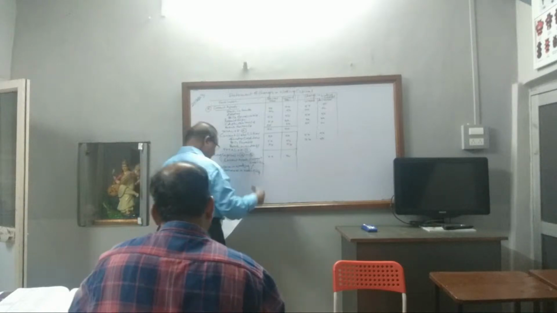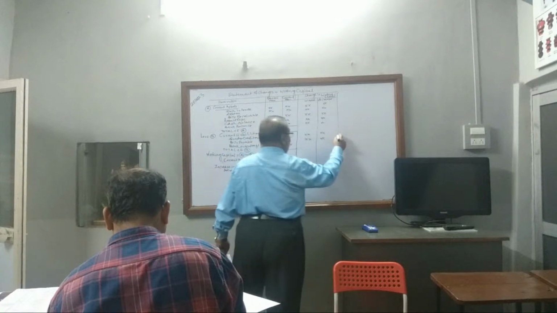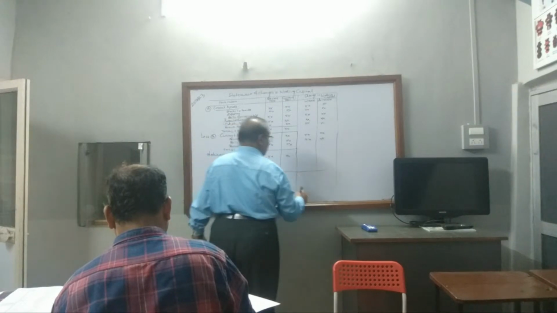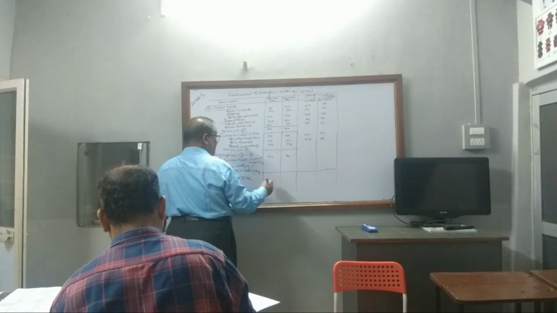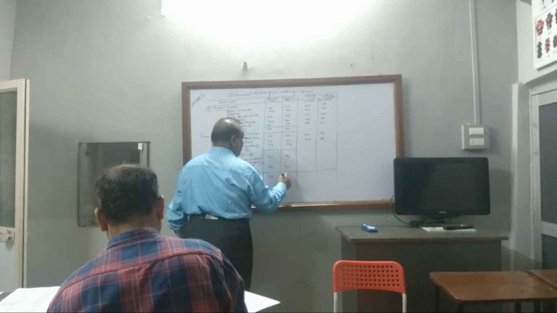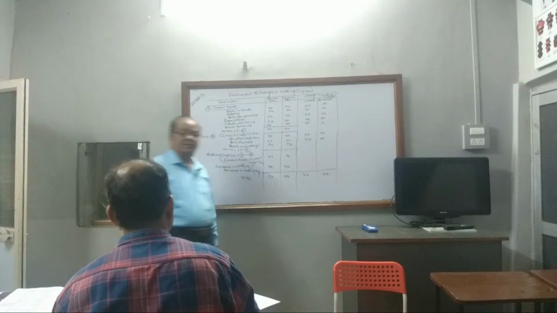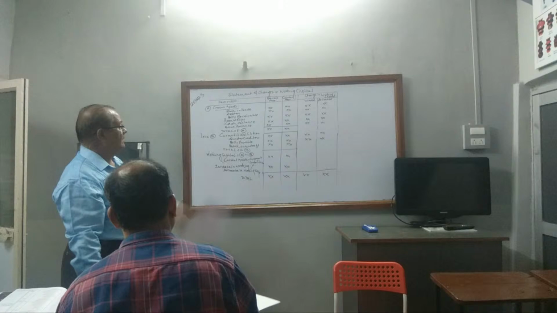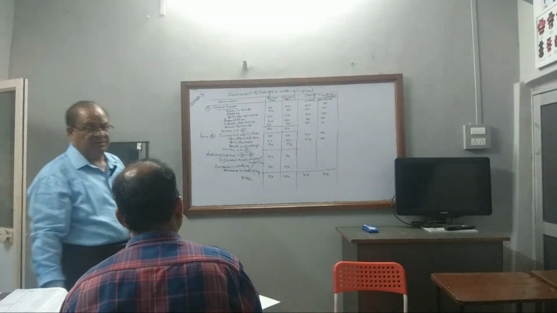Like this. Then you take this total, which is the correct one. So here, increase or decrease you will take, and this total will tally. Like that, they can ask you for 5 marks questions: give the pro formas.